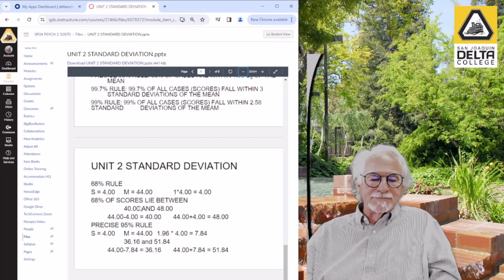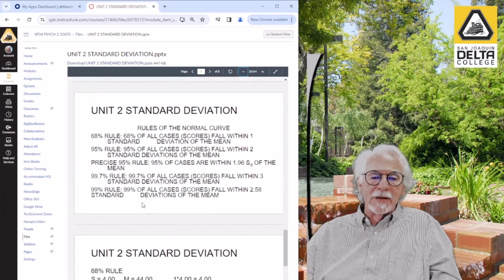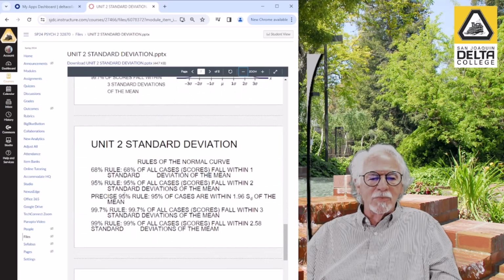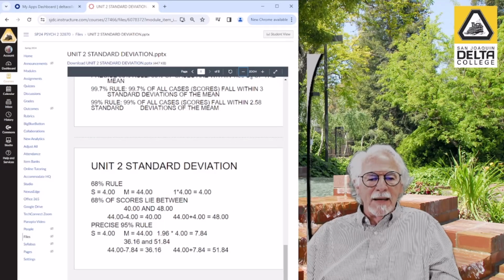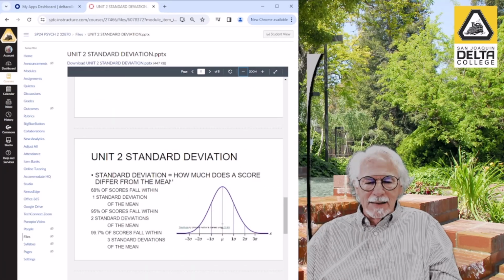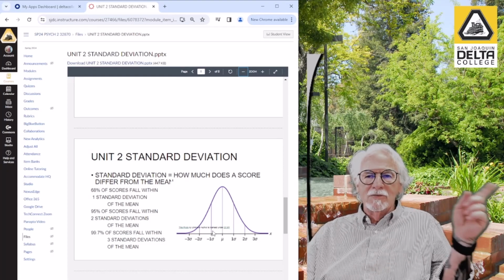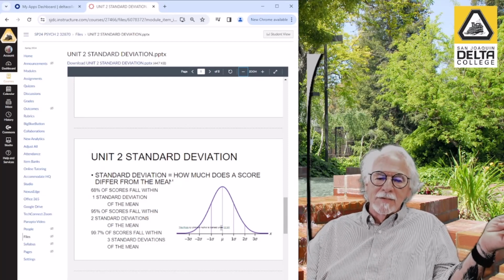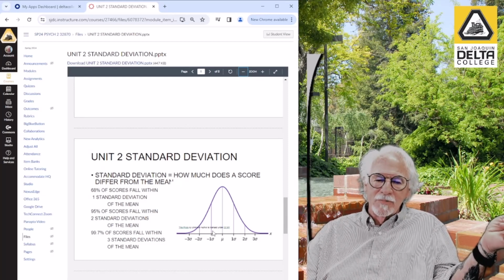So what I can tell you is 68% of the cases in this example fall between 40 and 48. The way I got that was, here's my 44, my standard deviation is 4. When I go to the negative side, I subtract that 4. So 44 minus 4 is 40.